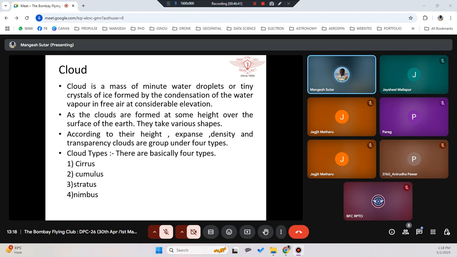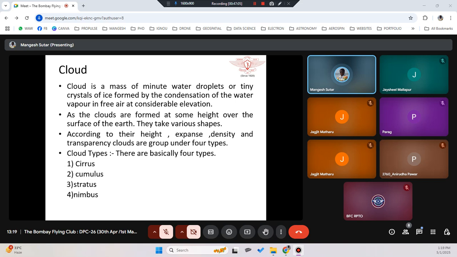There is nothing like stratus nimbus. Okay, stratus clouds and nimbus clouds can exist at the same time. You can have stratus and nimbus at the same time. You can have cumulus as well as stratus at the same time. You can have cirrus and cumulus also, but even if both clouds exist, do not call them cirrus and cumulus. Cirrus will be called cirrus, cumulus will be called cumulus only.